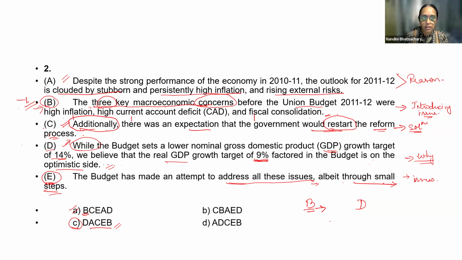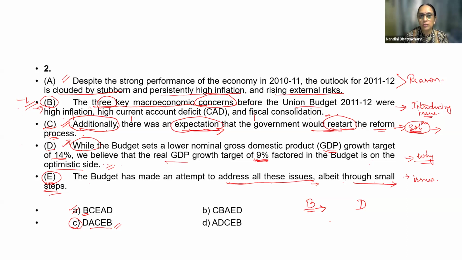Now, if you look at C, it says, additionally, there was an expectation that the government would restart reform. So is this just like we thought it was a solution? But if you look at the context, the three concerns, now expectation, that is not like a solution that is there, but there's just an expectation.